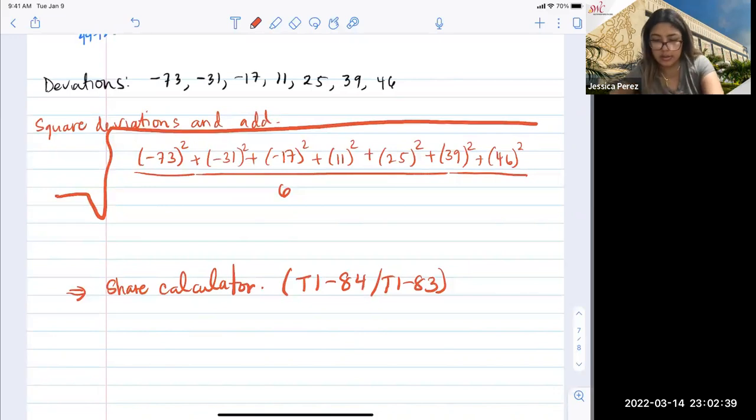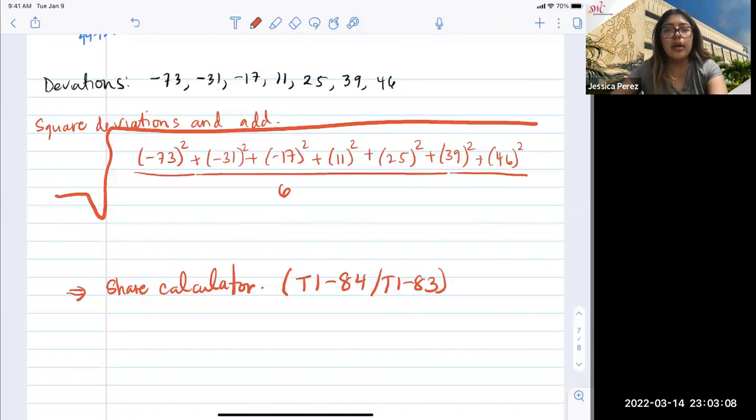So then I have negative 73 squared, and then negative 31 squared, and then negative 17 squared, and then, this is the last one, 11 squared, and then 25 squared.